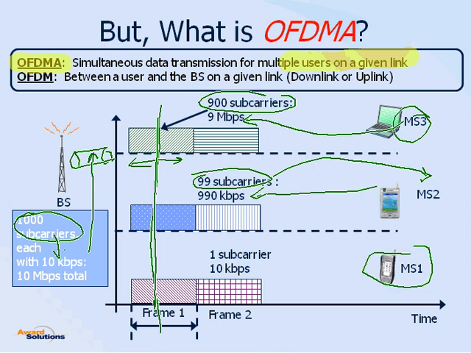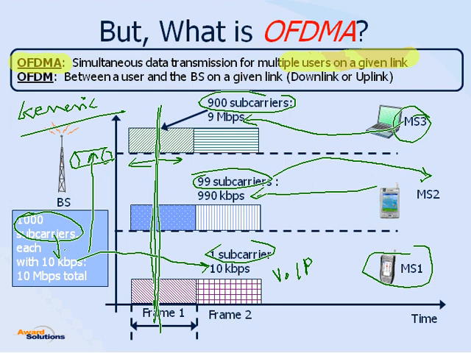Same idea, another user, we just give one subcarrier. Again, this is generic. It means that that user has very little data rate, 10 kbps. Say this guy is doing voice or IP, no need to give high data rate. So as you can see, at a given time instant, I'm supporting in this case 3 different users.